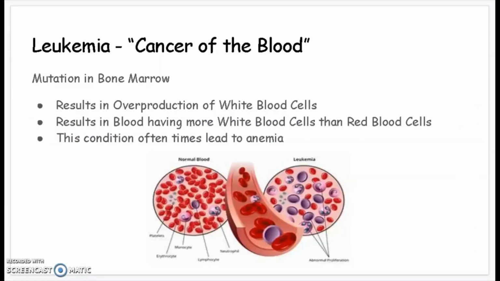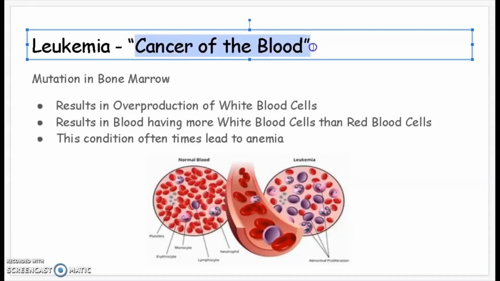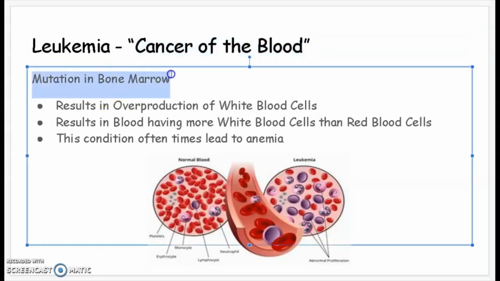And so while we are talking about genetic disorders about blood, some of you might have heard of the word leukemia. Leukemia is often known as, in general, cancer of the blood. There are a lot of variations of leukemia, but in general, leukemia is caused by a mutation in bone marrow. And so what does the bone marrow do?